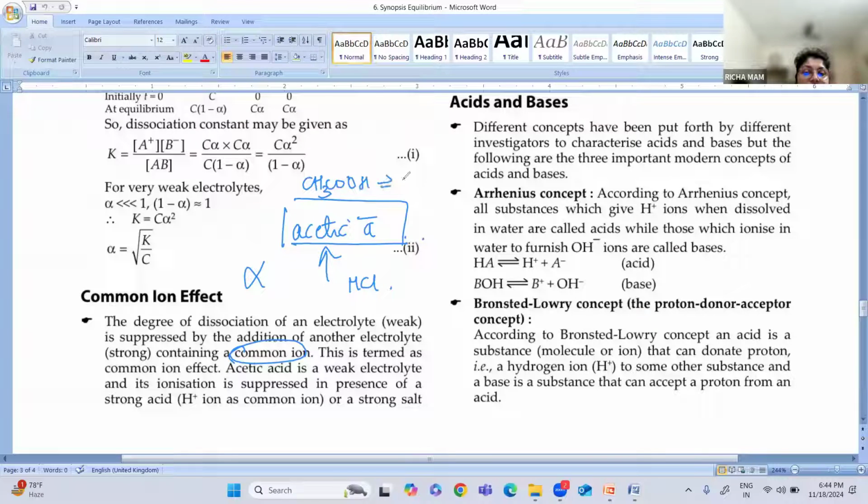When acetic acid splits, it gives acetate ions and H plus ions, but the amount of H plus released is suppressed because we are adding a strong acid, which produces more H plus ions. In both these acids, what is common is the H plus ion. So the common ion is present, and this is called the common ion effect.